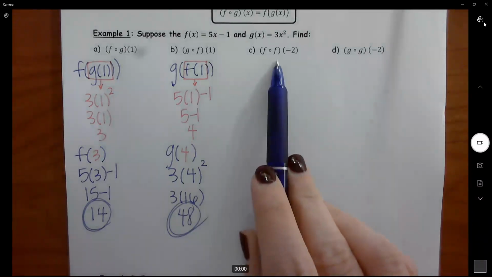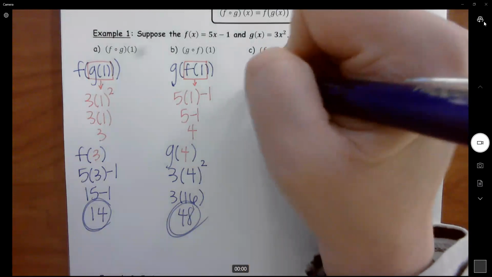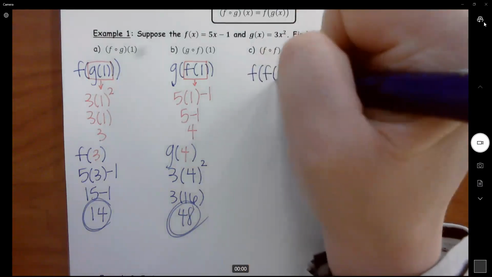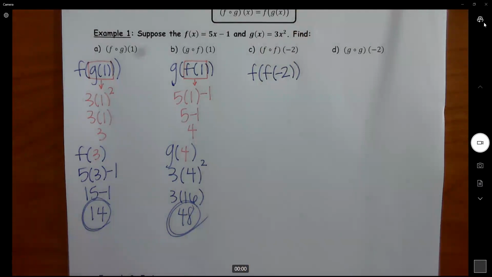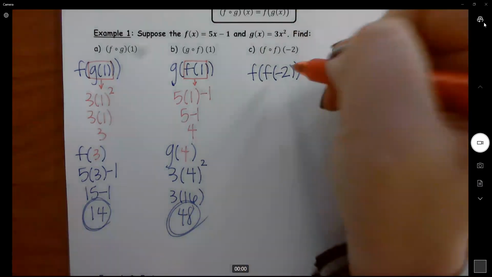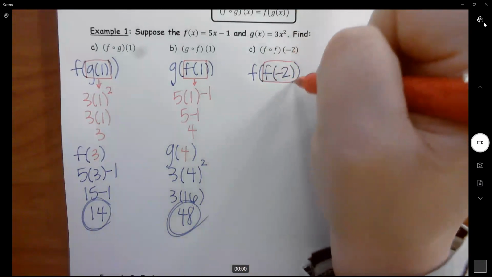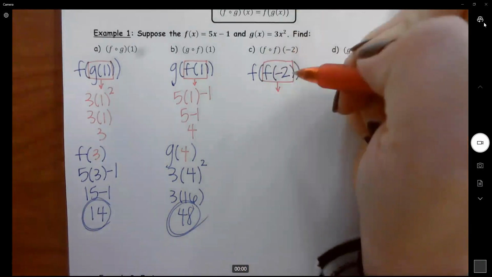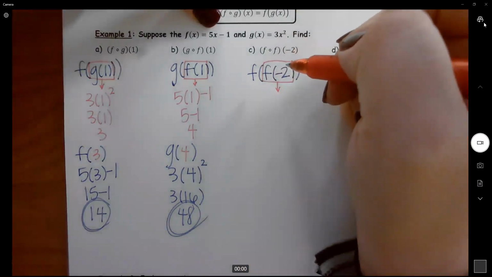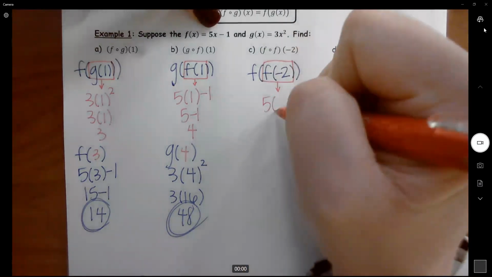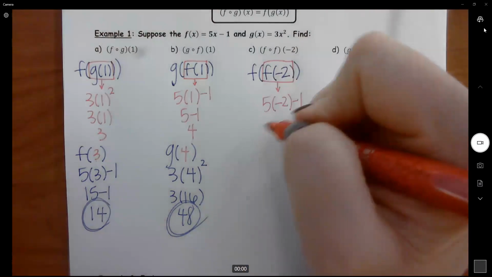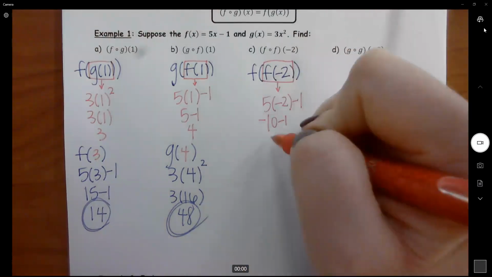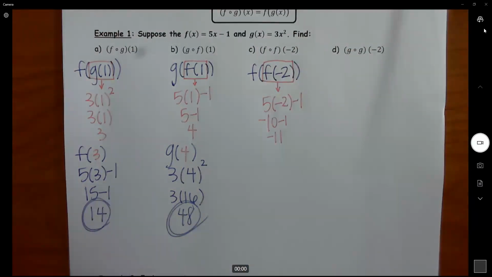Now we have f of f of negative 2. Start on the inside, work your way out. So I'm going to take my function f, and I'm going to replace my x with negative 2. So this is 5 times negative 2 minus 1. Negative 10 minus 1, so this is negative 11.